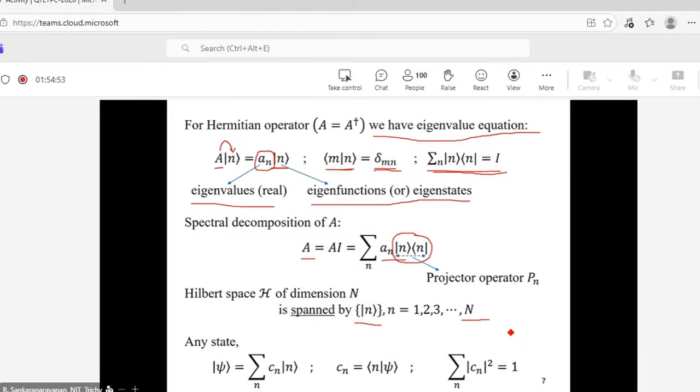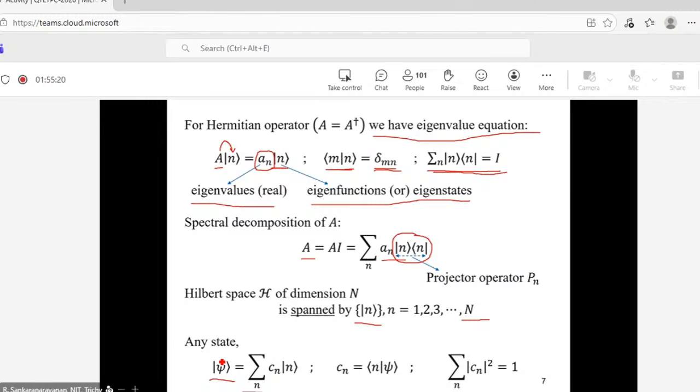So you define a Hilbert space in terms of a set of eigenstates of some Hermitian operator. In that Hilbert space, you are going to represent any arbitrary state of a system. So if the Hilbert space is spanned by a set of eigenfunctions, then any arbitrary quantum state of a system can be written down like this.